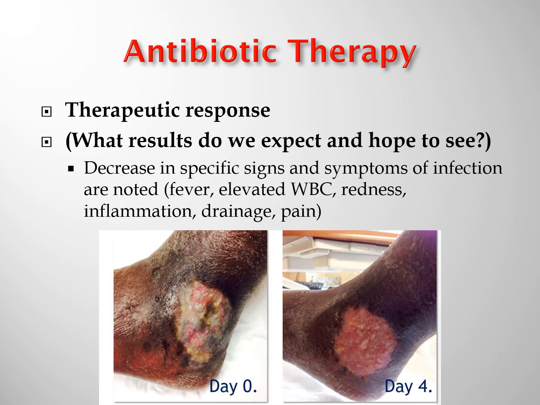So when we're talking about antibiotic therapy, what are we looking for? Let me give you an example. A patient comes in with an area on his leg that is red, tender, warm, and swollen.